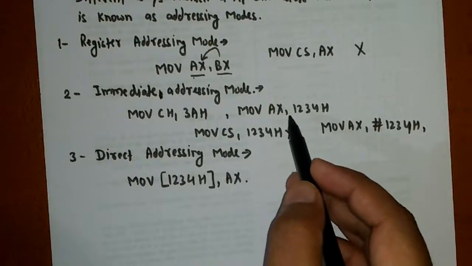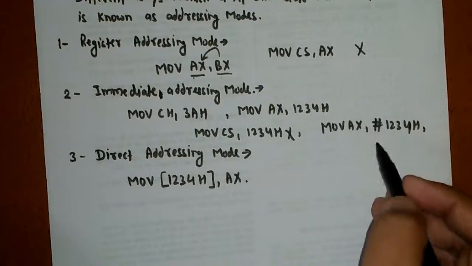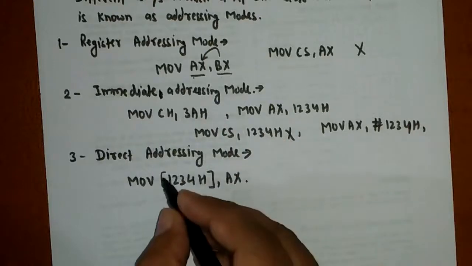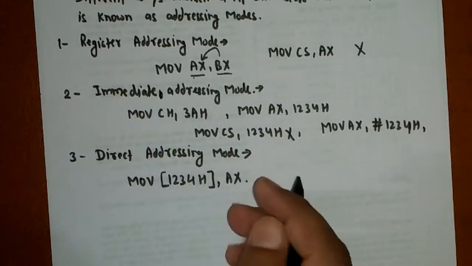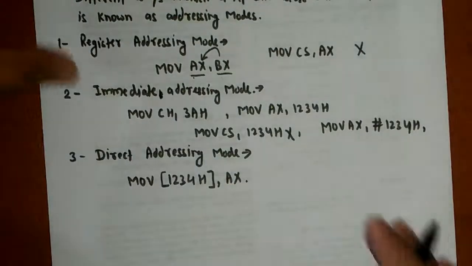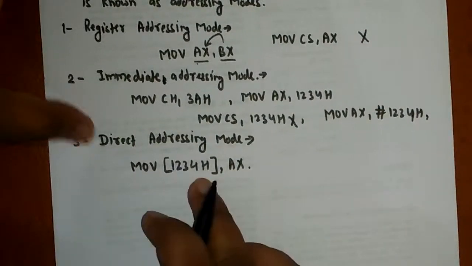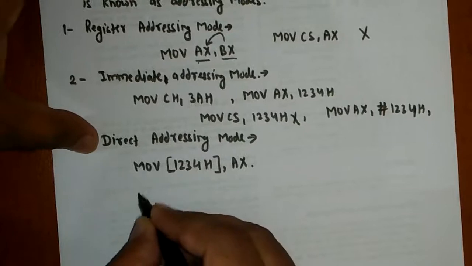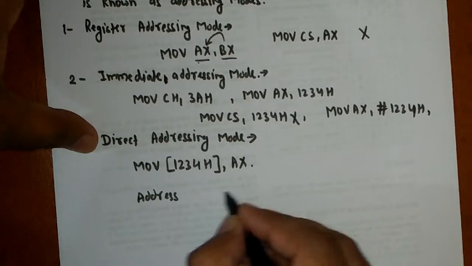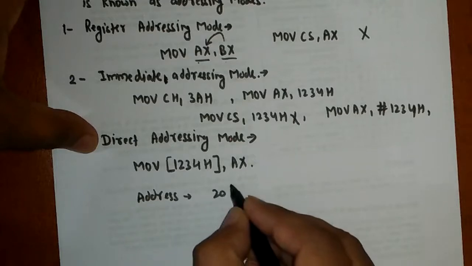Here I have used 1234 directly, or I put a hash, and simple registers were there. So whenever a bracket is used, it means that now we are dealing with an address. Remember that this is a 16-bit value, and when we say address, there must be 20 bits.